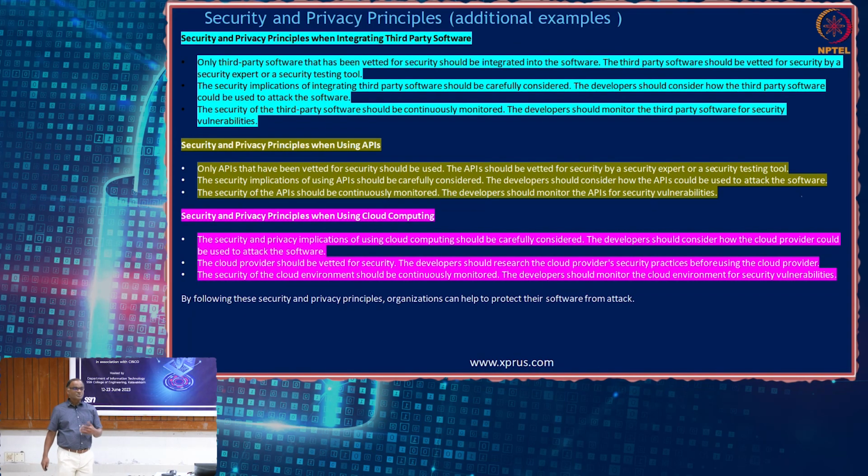Cloud. When I want to leverage cloud, we talked of, right? Who is responsible for what? Have I clearly understood what my cloud service provider will do? For example, security and privacy: the developer should consider how the cloud provider could be used. In the cloud, you have a set of administrators who are managing the cloud resources, server, storage, and everything. They are common people. As you prepare for your CSP, you will come to know.